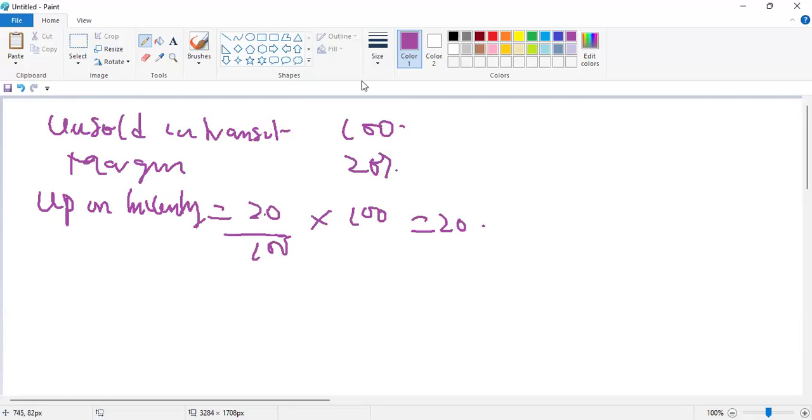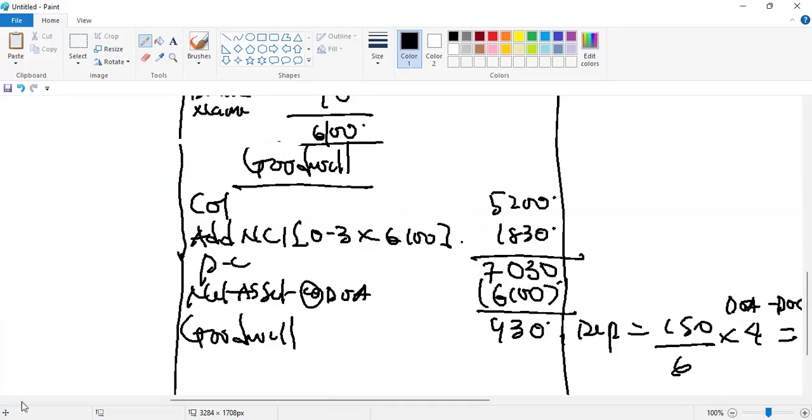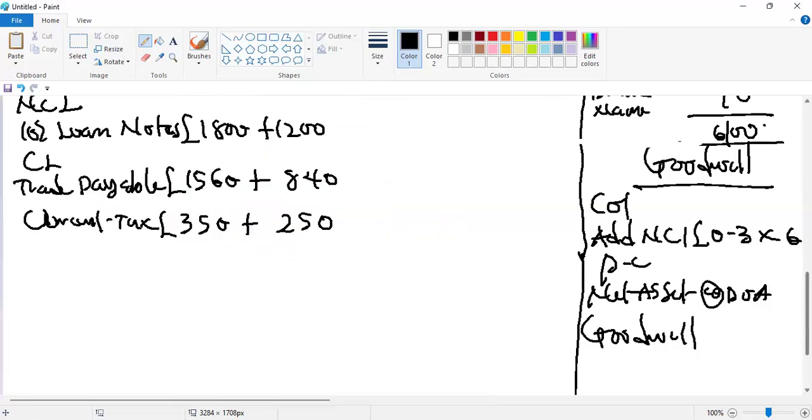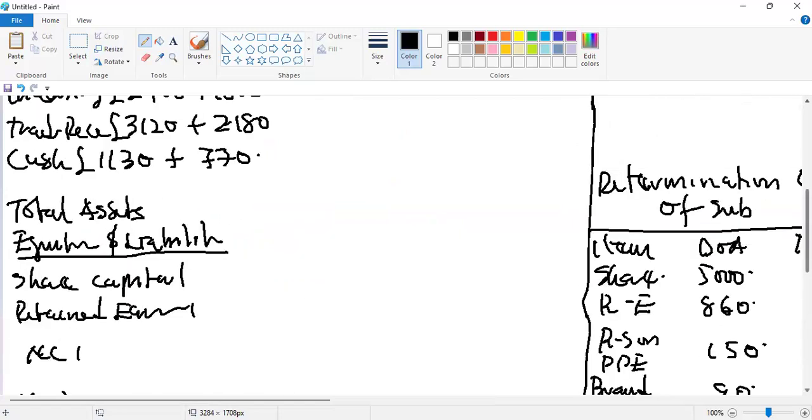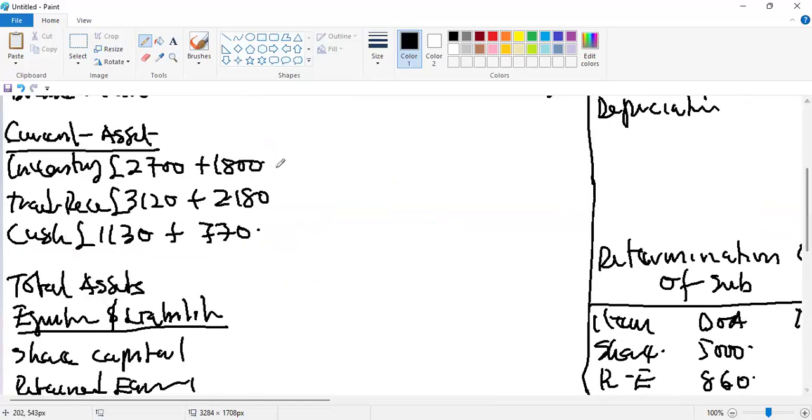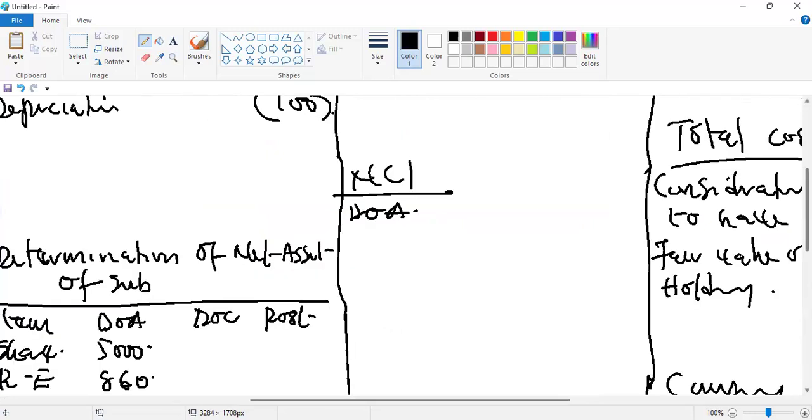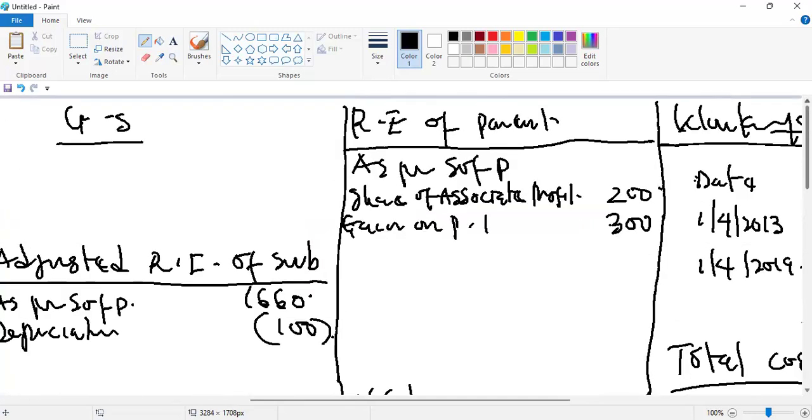Parent is the seller, so I will debit the parent account and credit consolidated inventory, minus 20. Then I'll go to the return of the parent: unrealized profits on inventory, 20. That is it.